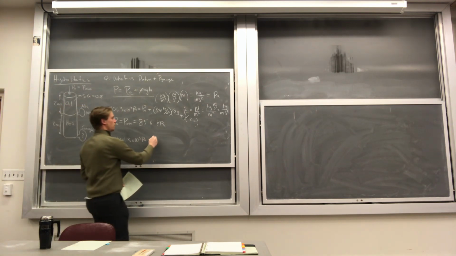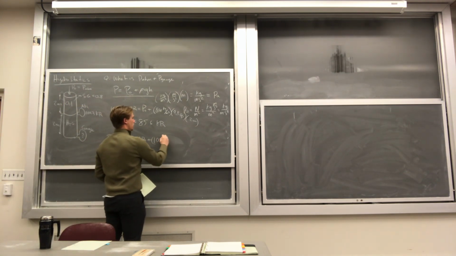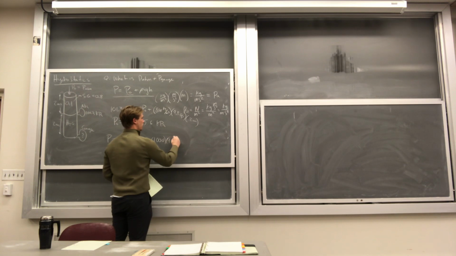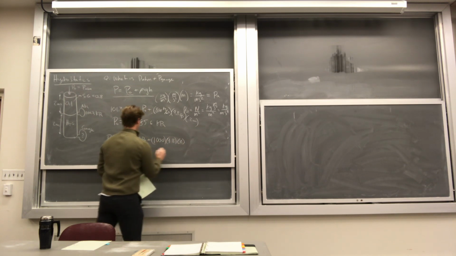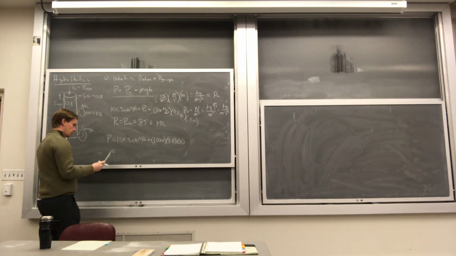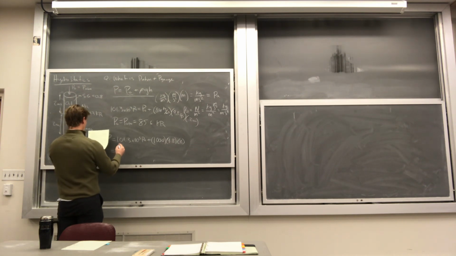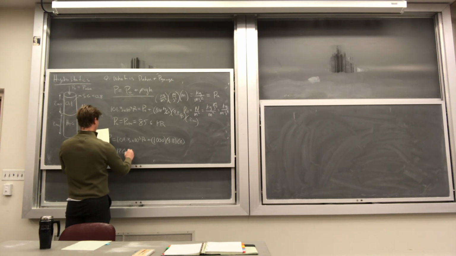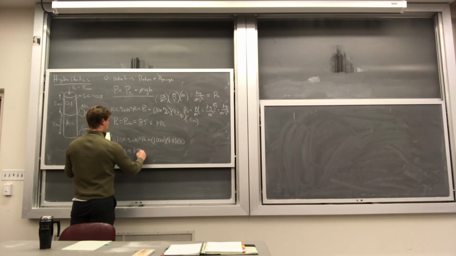So I'm going to truncate the units here. This is 1,000 times 9.8 times 2. And then we know the pressure at the bottom of the column is 120.9 kilopascals.